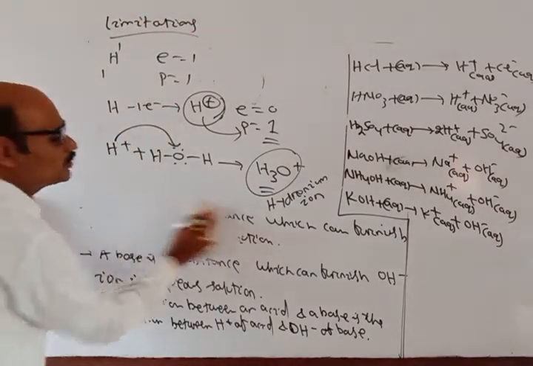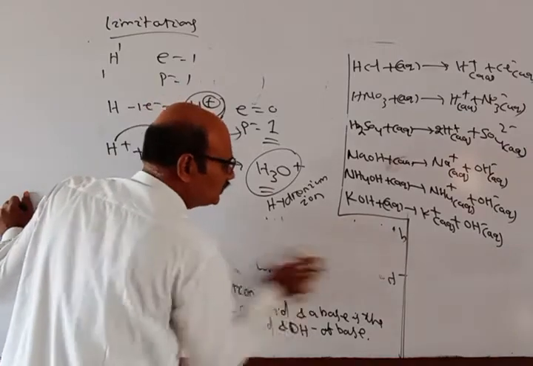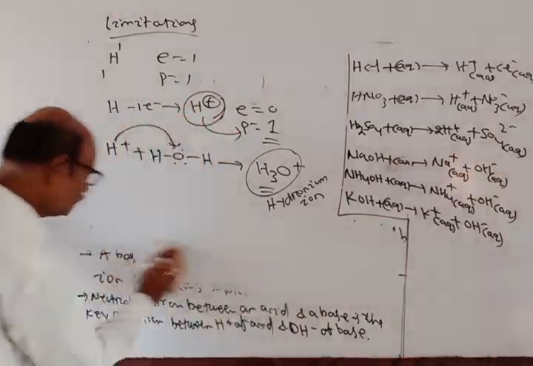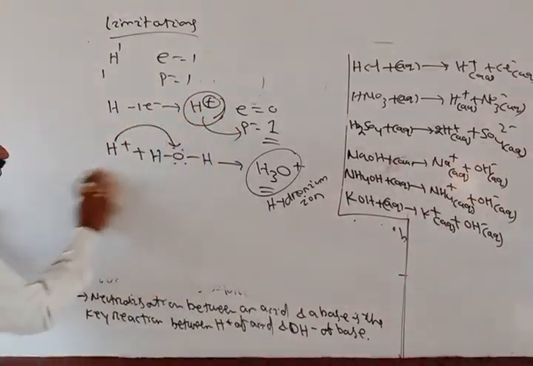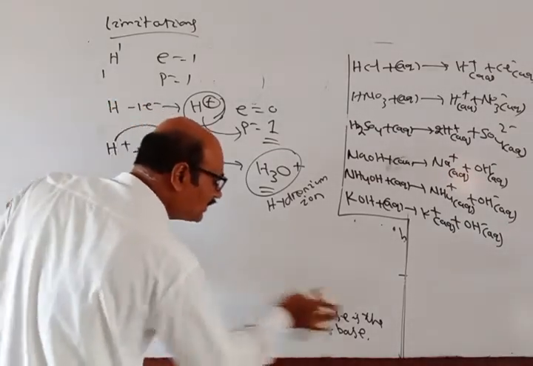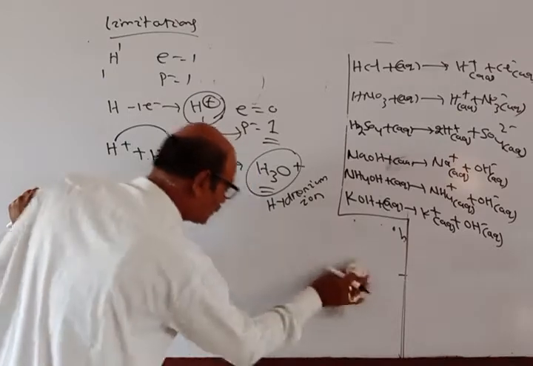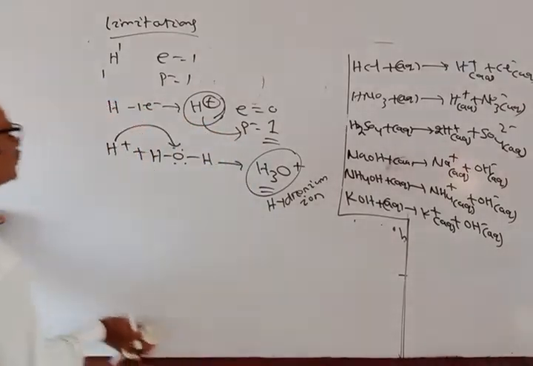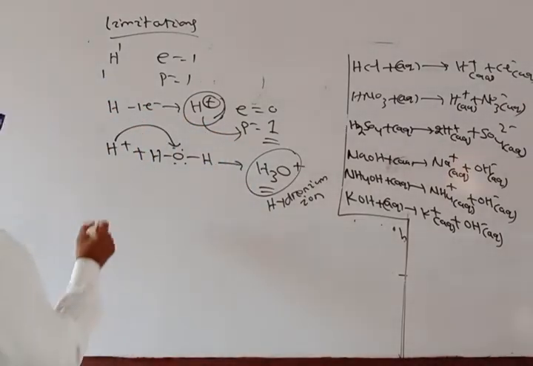So limitations: you can say that H plus is a proton, which is unstable. This H plus can accept a pair of electrons from water and exist as what? Hydronium ion. Okay.